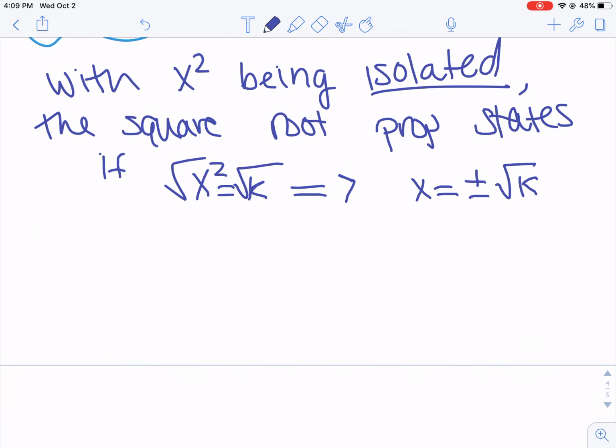So, steps for solving these. The first step is to isolate x squared, and then you're going to take the square root of both sides.